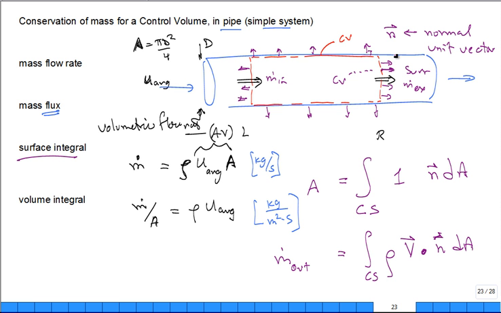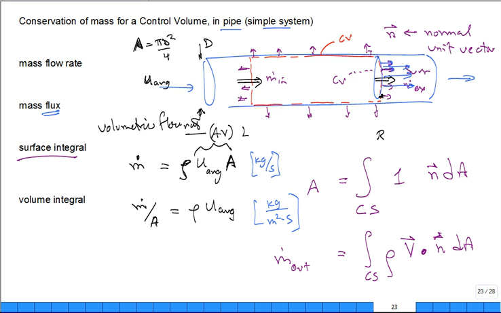So if I'm looking along this surface right over here, just this part of the edge right here, the unit vectors are this way, the velocities are that way, right? They're both in the same direction. When I take the dot product, it's the magnitude of one, the magnitude of the other, and either sine or cosine of the angle between.